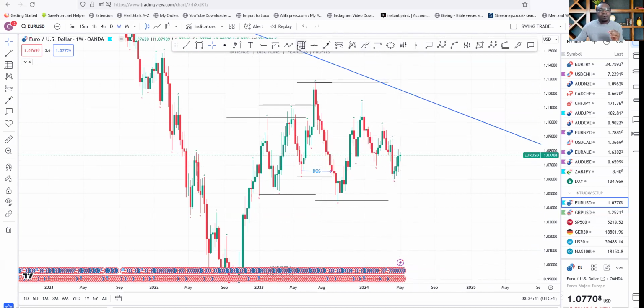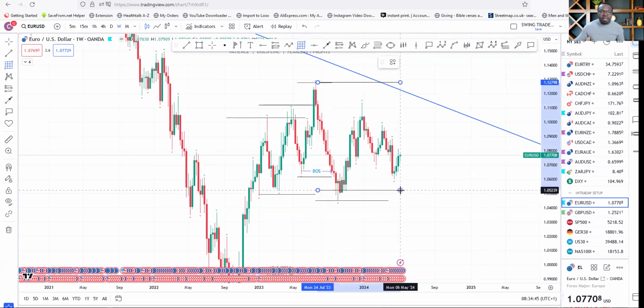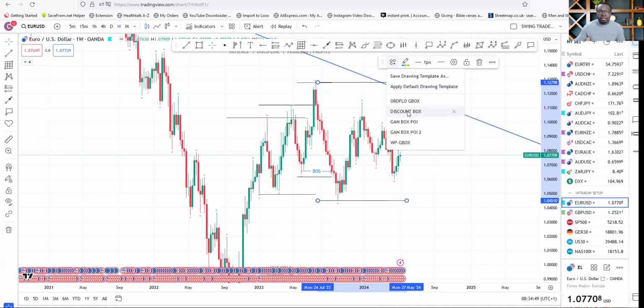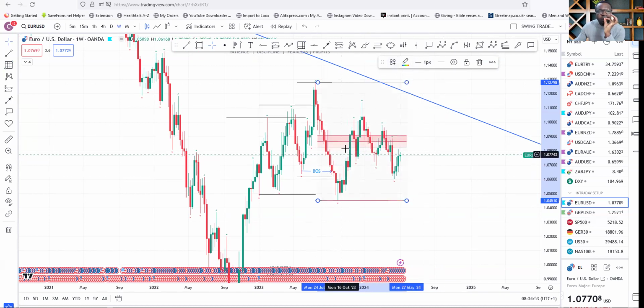Now, there's something I would like to bring to your attention on the weekly time frame. If I bring in the gun box, you will discover that the price is trading below the equilibrium, at a discount level.